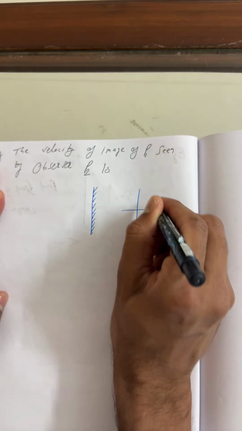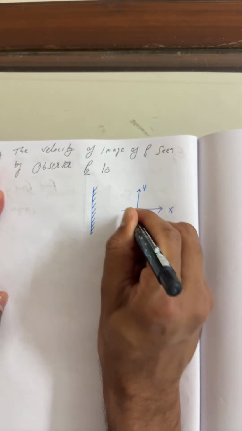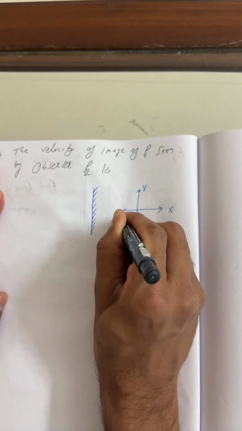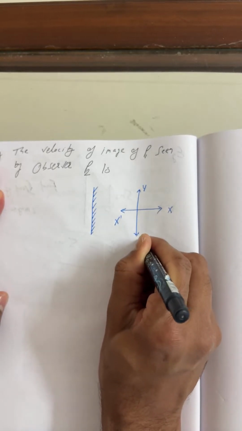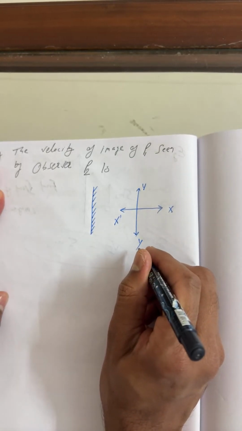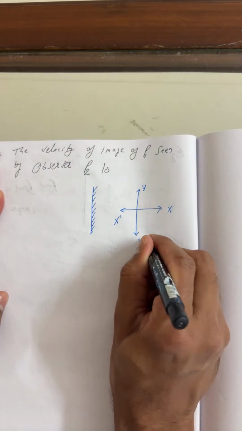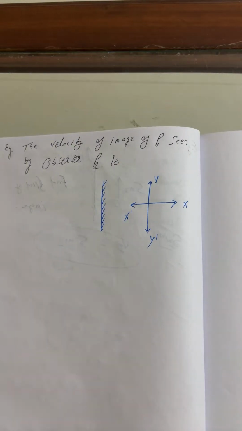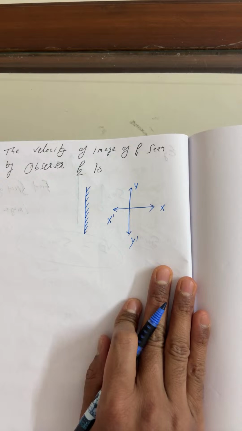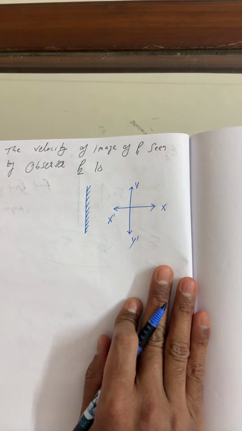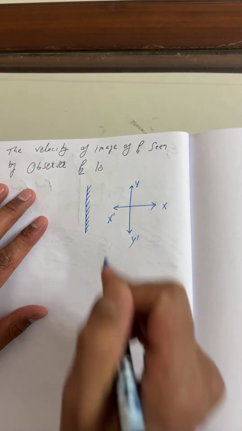So this is x, this is y, this is negative x, I'm calling x prime, and this is y dash. Okay, x dash, y, and y dash. Very nice.